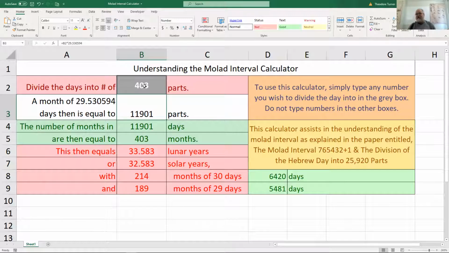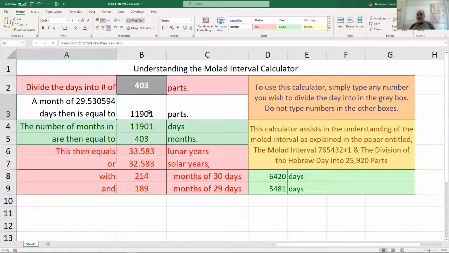Now it says 11,901. It's actually, and I need to change this. If I was using the Islamic calendar, I'd change this to 8/7, though it's not really going to affect our calculation that much. But 11,901, it's really 11,900.8333 parts.